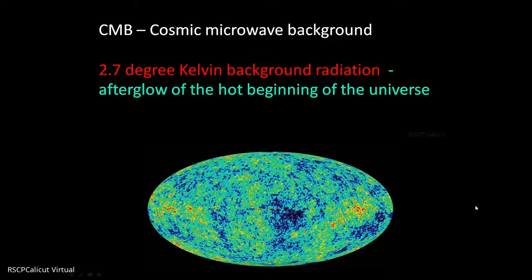Initially the total energy was concentrated into a singularity, a point, and ultimately that expanded and the energy got distributed. Today, if you point a radio telescope in any direction, the antenna temperature comes to around 2.7 degrees Kelvin, and that is the background relic radiation. That is the cosmic background radiation, one of the confirmations that our universe started with a big bang.